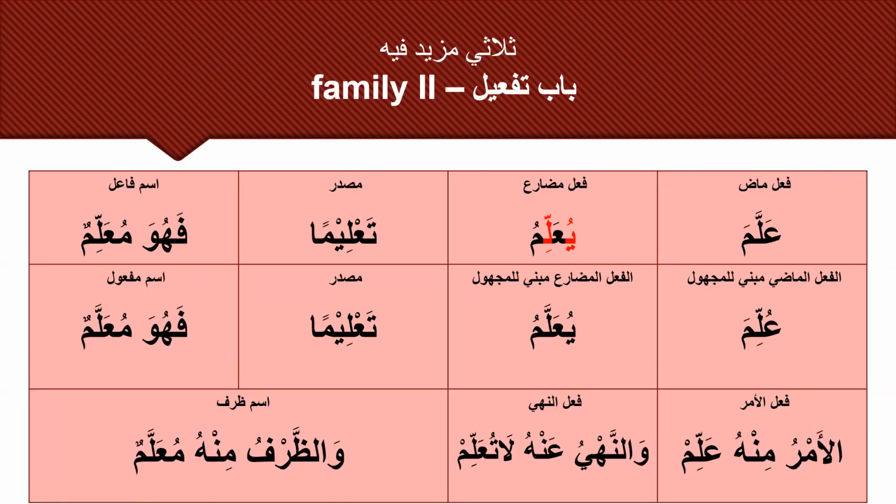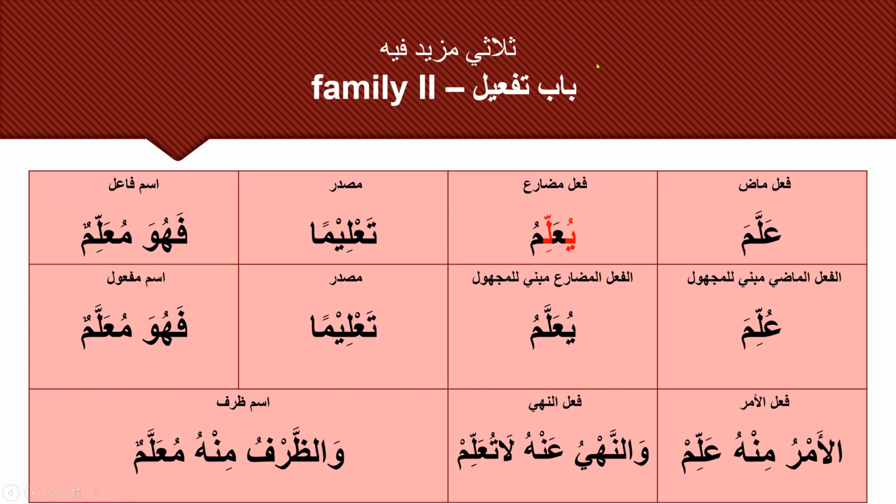So, Alhamdulillah, let's start with family two. As I have mentioned, we are not learning family one now, and we are going to start with ثلاثي مزيد فيه. And I told you that we use ثلاثي here because these are all three-letter words that we are going to learn, inshallah.